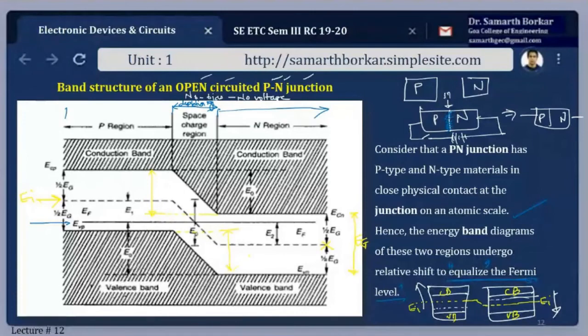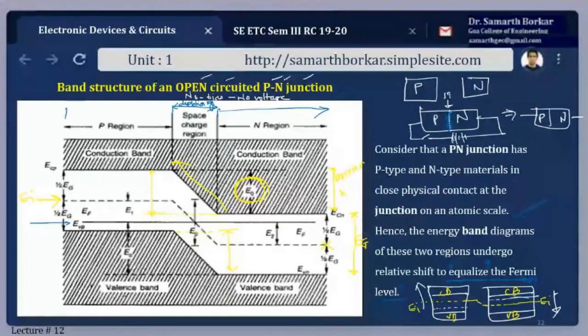And this shift is nothing but the built-in potential E naught. Meaning, if the electrons want to go from the conduction band of the N region to the conduction band of the P region, they have to overcome this barrier height. Understood? This is the barrier height.